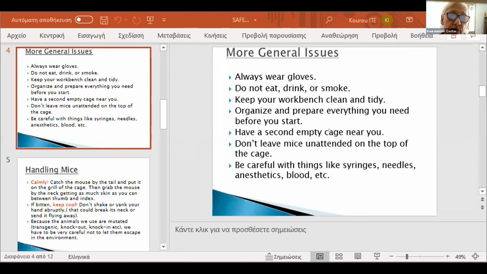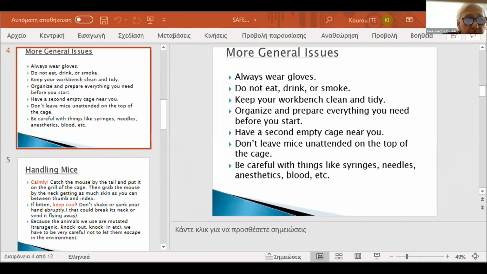Organize and prepare everything you need before you start. So again, you won't have to look for tubes, syringes, scissors while you hold the mouse. Always have a second empty cage near you when you work with mice.